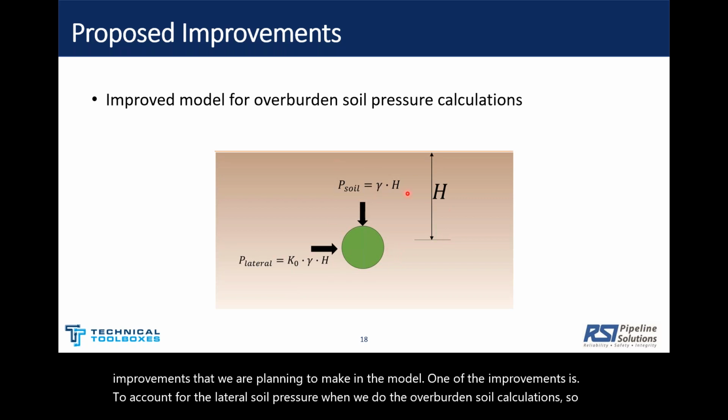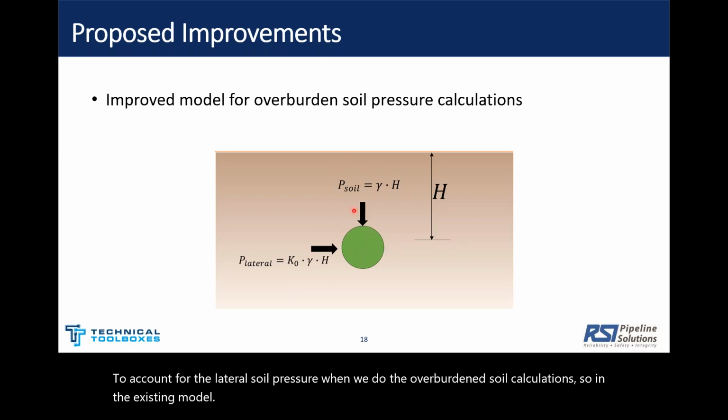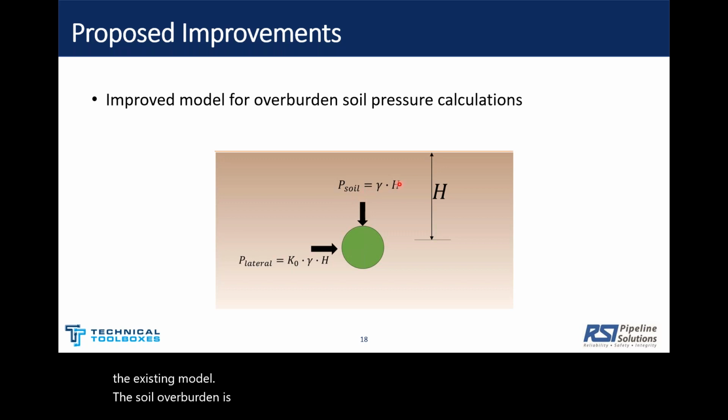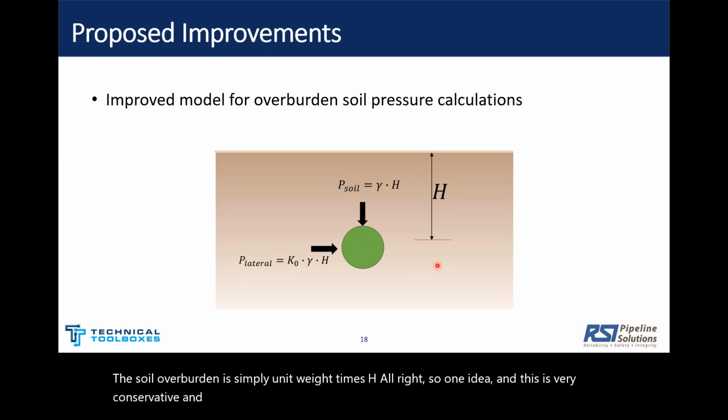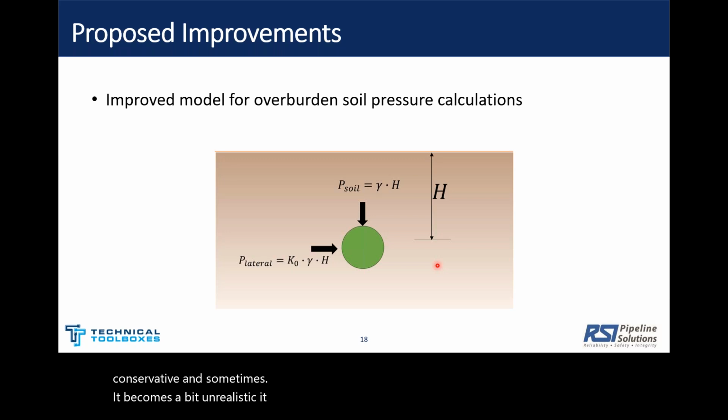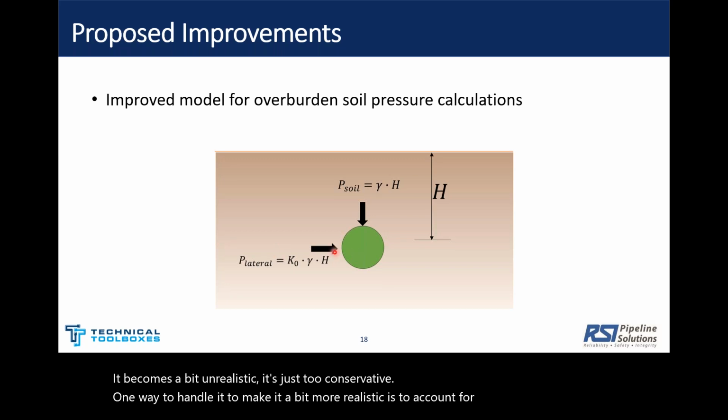So in the existing model, the soil overburden is simply unit weight times H, all right? This is very conservative, and sometimes it becomes a bit unrealistic. It's just too conservative. One way to make it a bit more realistic is to account for the lateral pressure.